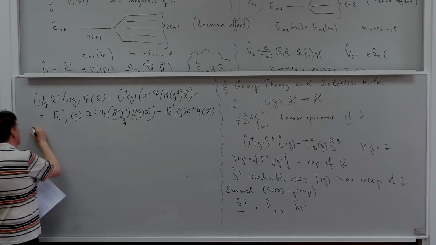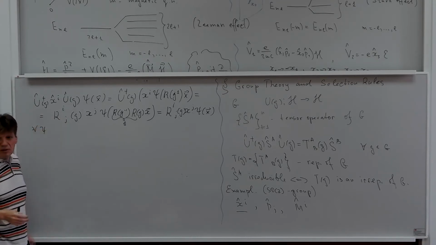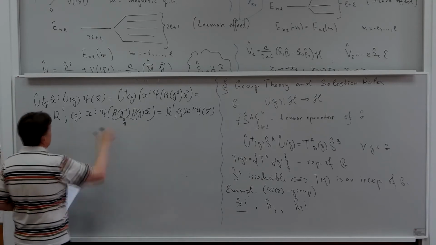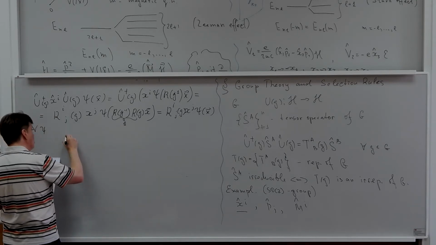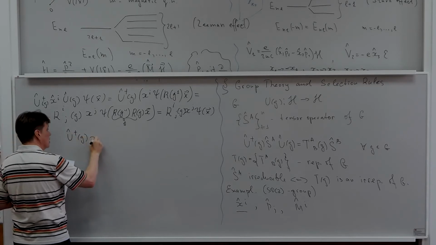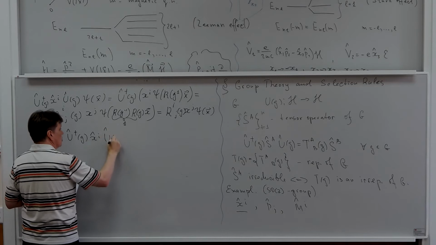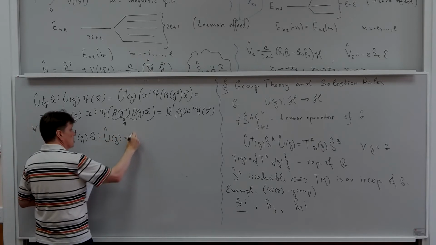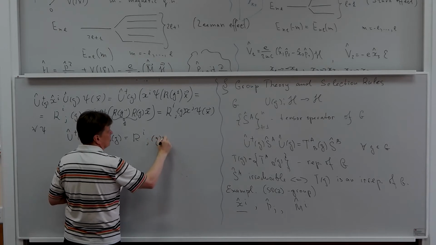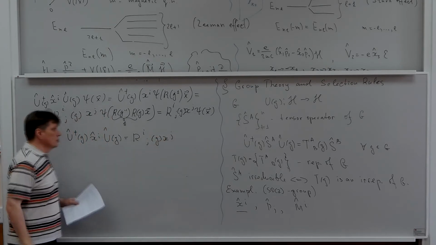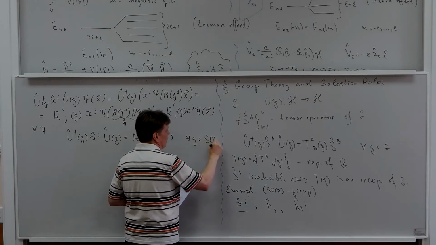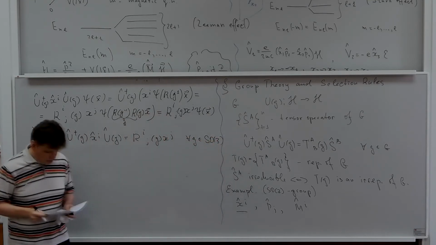Now, since our psi is an arbitrary wave function, we can cancel out psi and get the operator equality: U dagger of g x_i U of g is equal to R_ij of g x_j for any g of SO3.